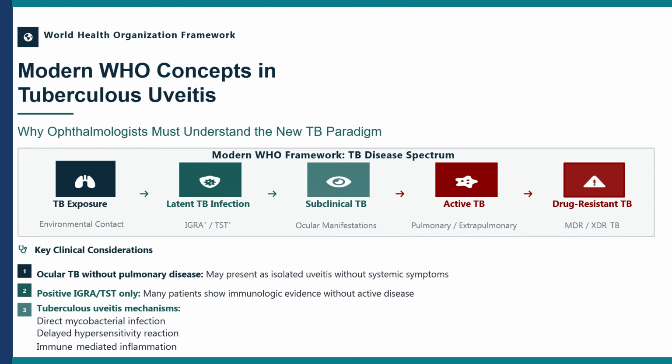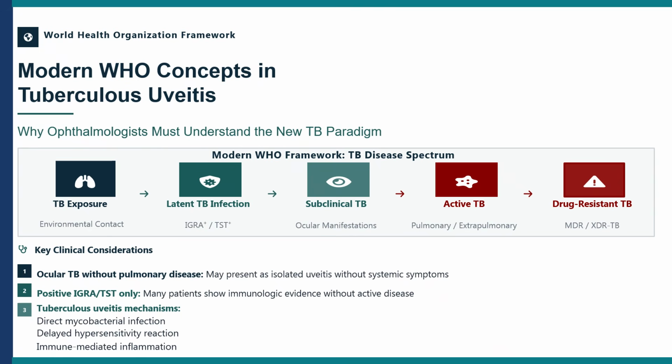Latent means that they have positive serological testing without any clinical manifestations. And it might extend to be a subclinical case, that is, a patient with ocular tuberculosis without any evidence of pulmonary tuberculosis. And it might progress to active tuberculosis, pulmonary tuberculosis or other parts of the body. And it might end up as drug-resistant tuberculosis.